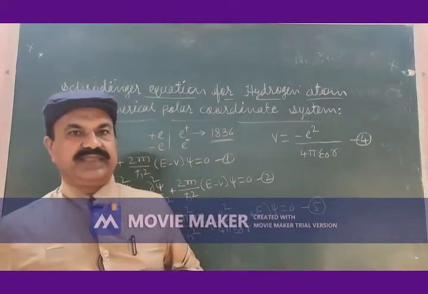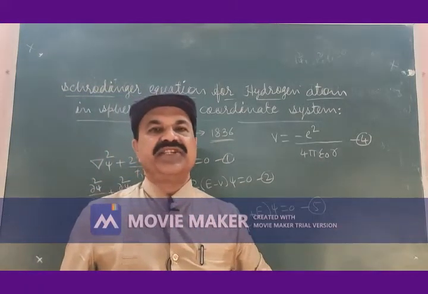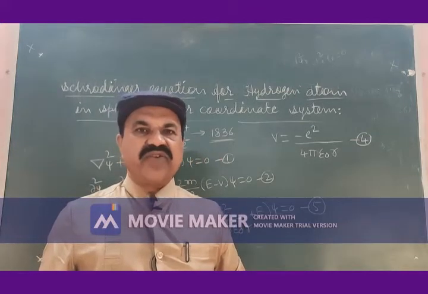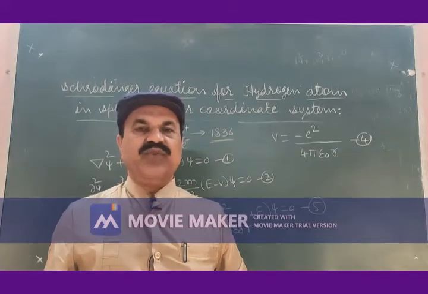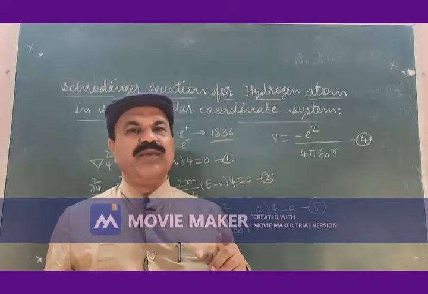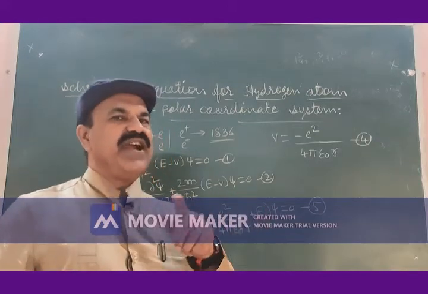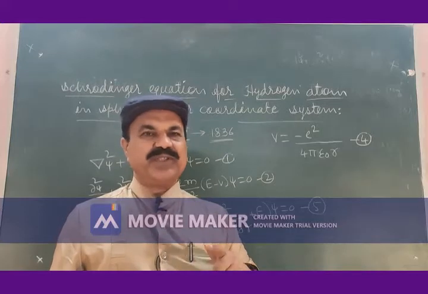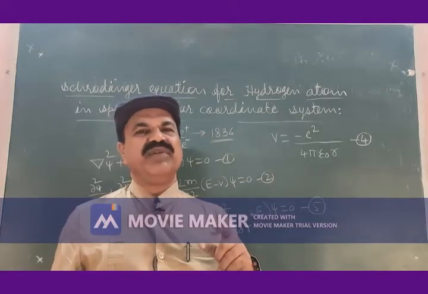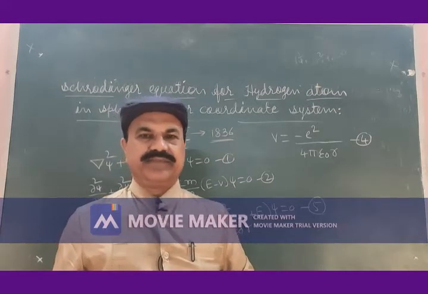But the hydrogen atom is spherical in shape. As hydrogen atom is spherical in shape, we have to consider spherical polar coordinate system to study the hydrogen atom. The coordinates of spherical polar coordinate system are r, theta and phi.